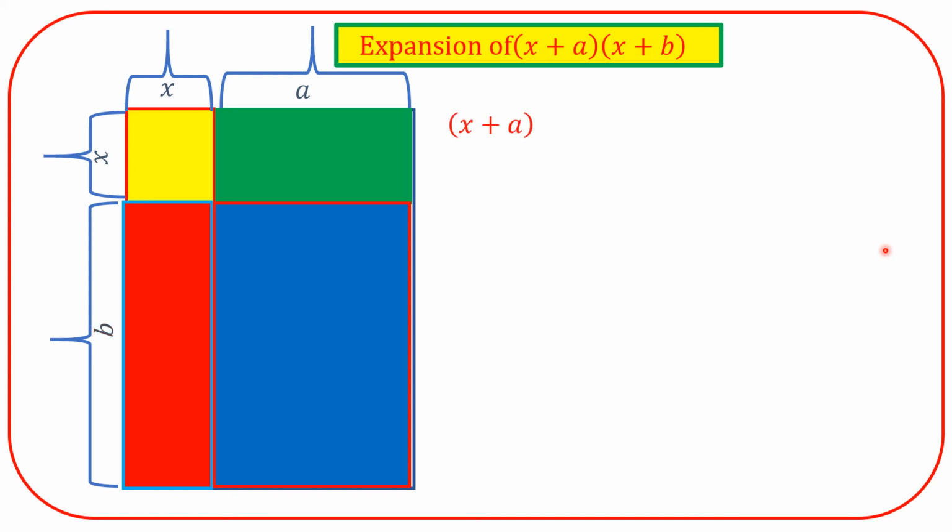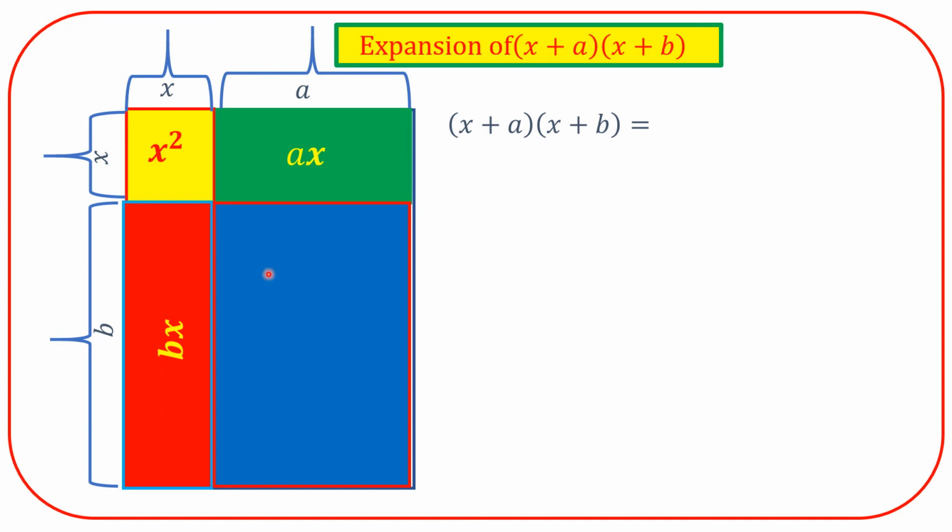Write down (x + a)(x + b) is equal to. What is the area of the yellow part? That is x square. This is ax, length is a, breadth is x. Here length is b and breadth is x, that is bx.